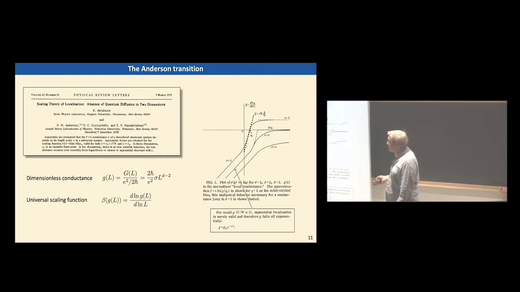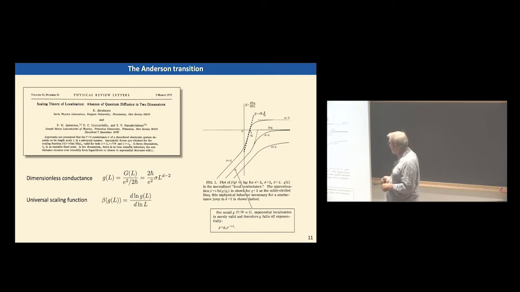Once you have assumed that you have a beta of g, you can draw this thing, because you know that for very large g, you're going to have behavior like g proportional to L to the d minus 2. If you put L to the d minus 2 here, you obtain beta equal d minus 2. So you have this asymptote at large g.